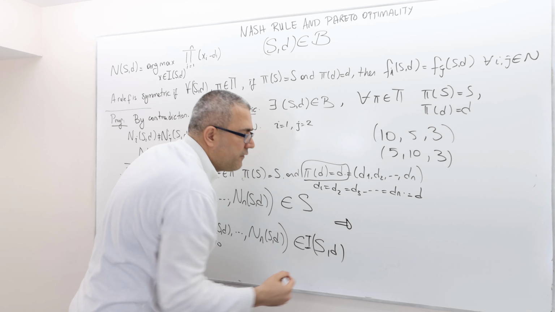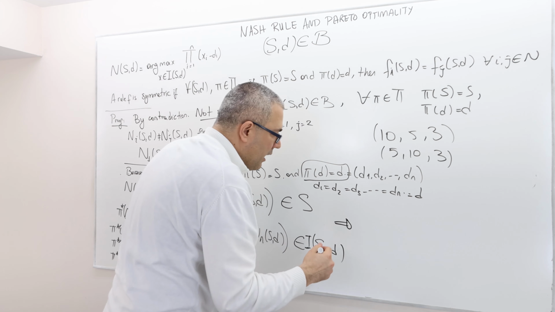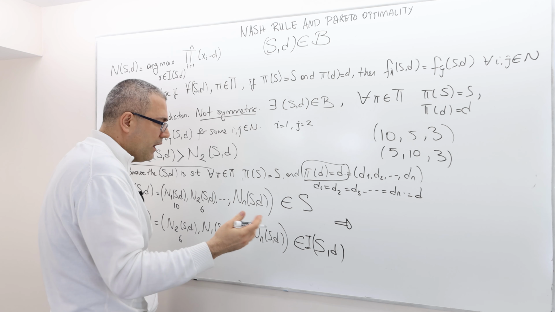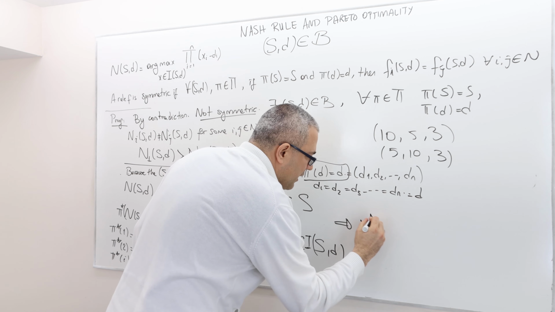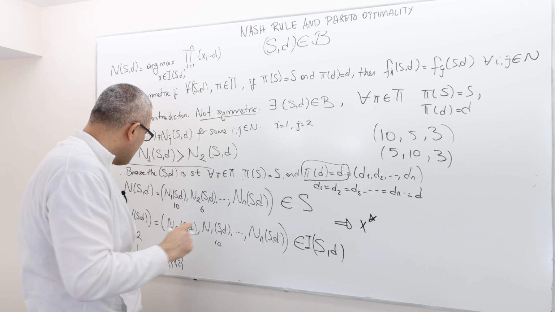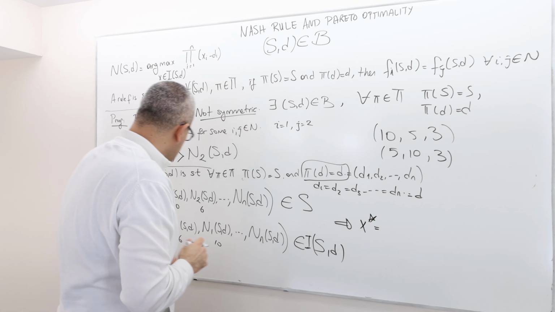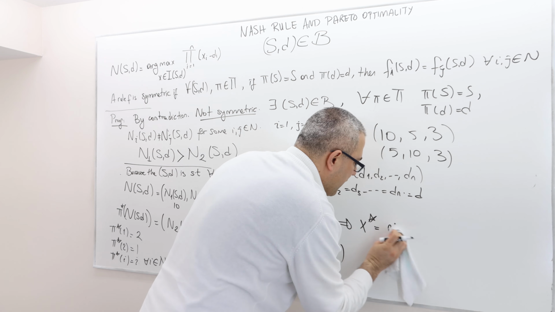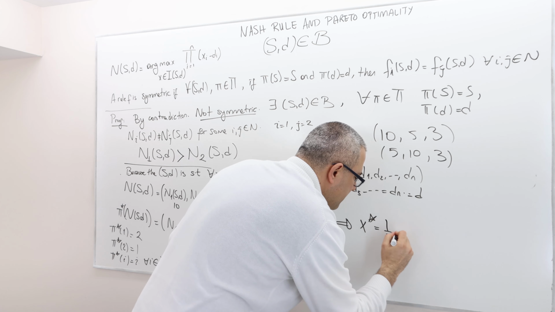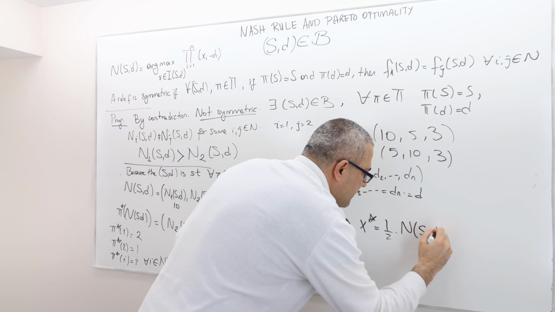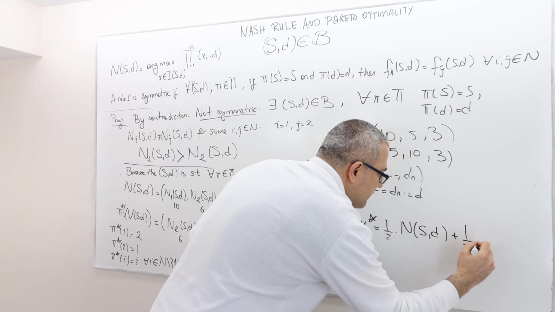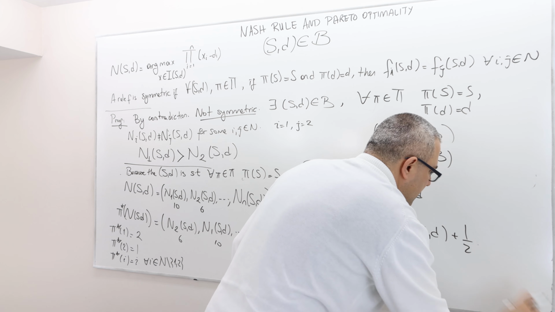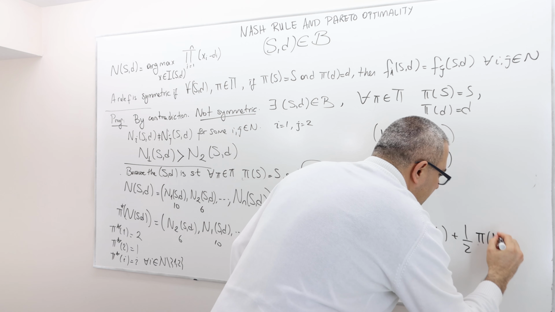Now, consider the following payoff. Let's use the following notation, X star, okay? And X star is the following: 1/2 times N(S,D) plus 1/2 times pi N(S,D).